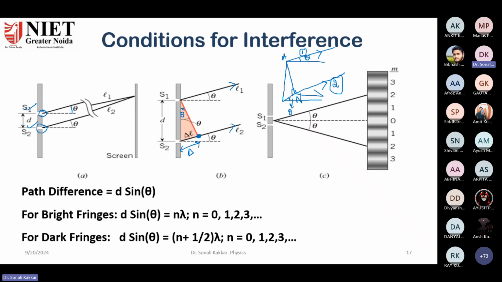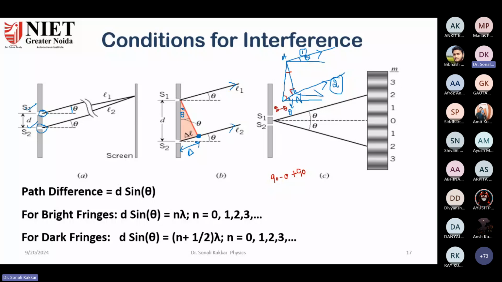If this angle is theta, this blue one, what will this red angle be? Ma'am, 90 minus theta. Yes, this one will be 90 minus theta. This angle is a right angle, which means it is 90 degrees.